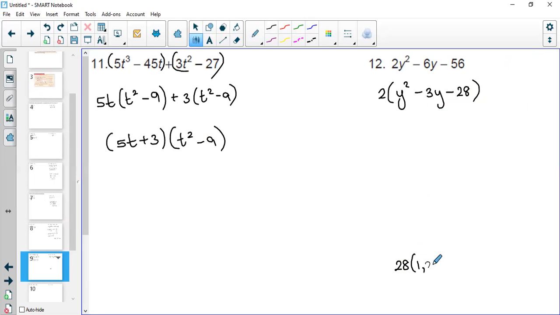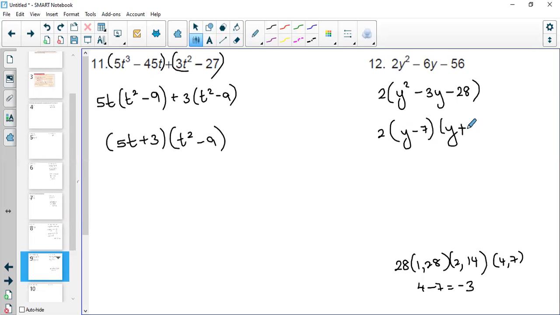We have 1 and 28, 2 and 14, and 4 and 7. So I guess we would work with 4 and 7 to get a negative 3, right? So 4 minus 7 would give me a negative 3, right? So I could rewrite this as y minus 7 and y plus 4.